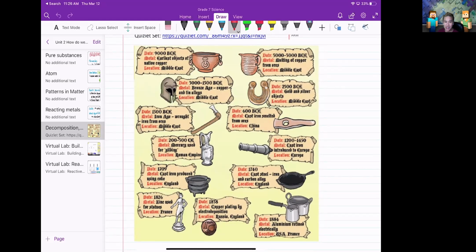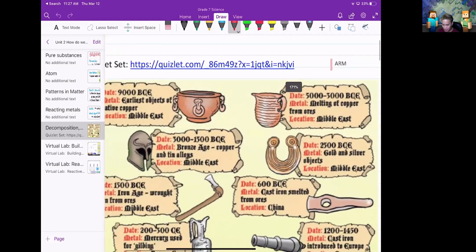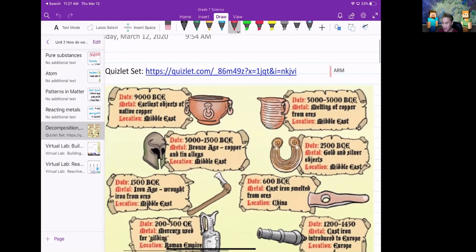In 9000 BCE, before the Common Era, the earliest objects of native copper were discovered in the Middle East. As you look at the first few years here, most of the metals were discovered or extracted in the Middle East.